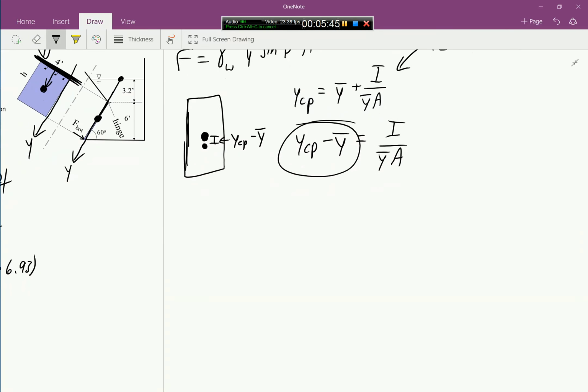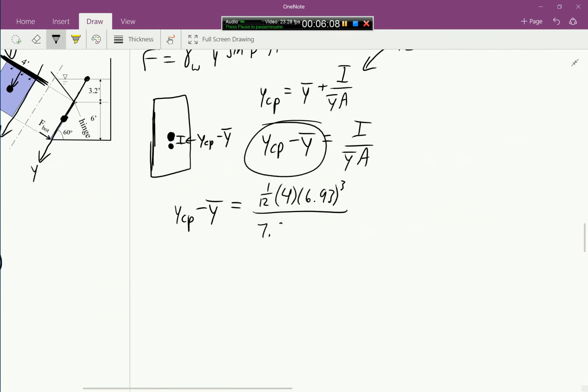So if we just plug in our numbers, YCP minus y bar is going to be equal to 1/12 base times the height cubed, and the base is going to be 4 in this problem, times the height, which is 6.93, cubed, divided by y bar, which is 7.2 feet, times the area, which is 4 times 6.93.